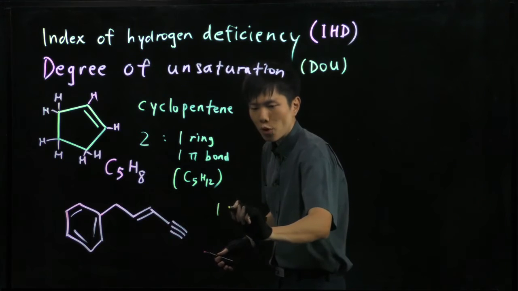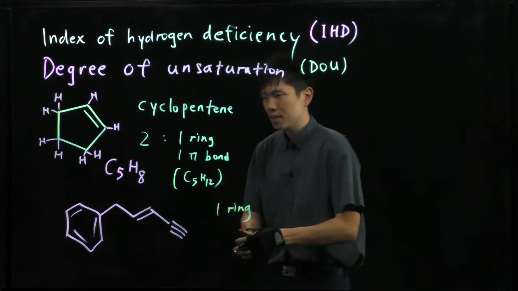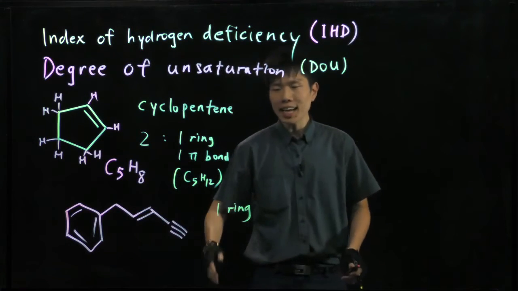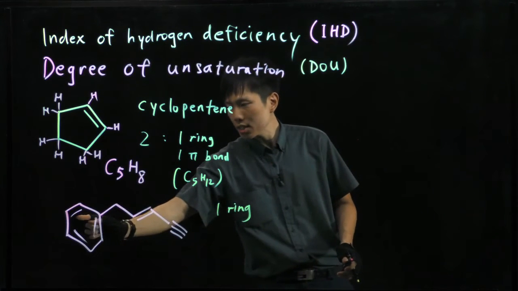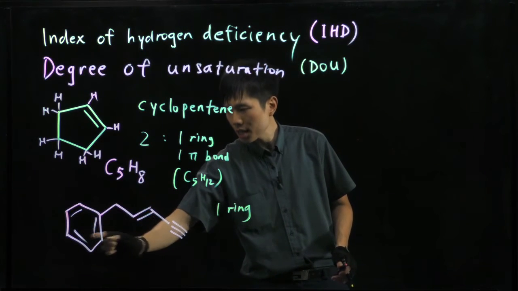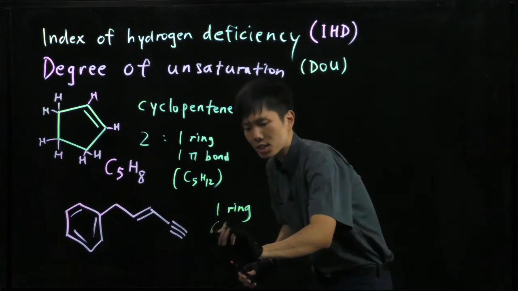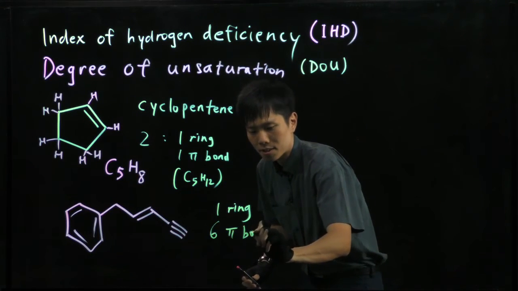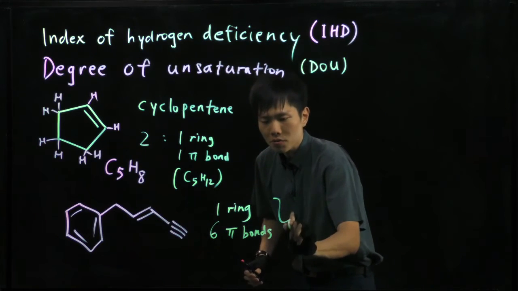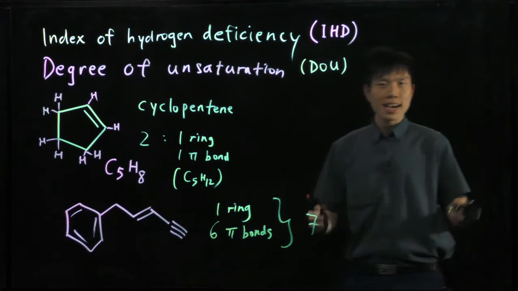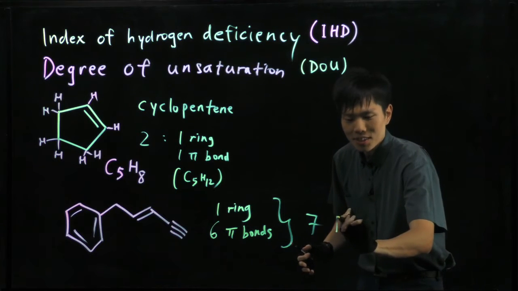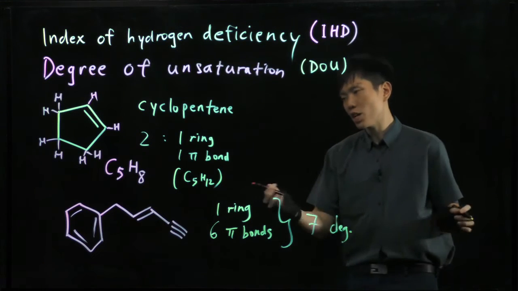This has 1 ring enclosed, and how many pi bonds? 1, 2, 3, 4, 5, 6. 6 pi bonds. So the sum of these gives you 7, and hence 7 degrees of unsaturation.